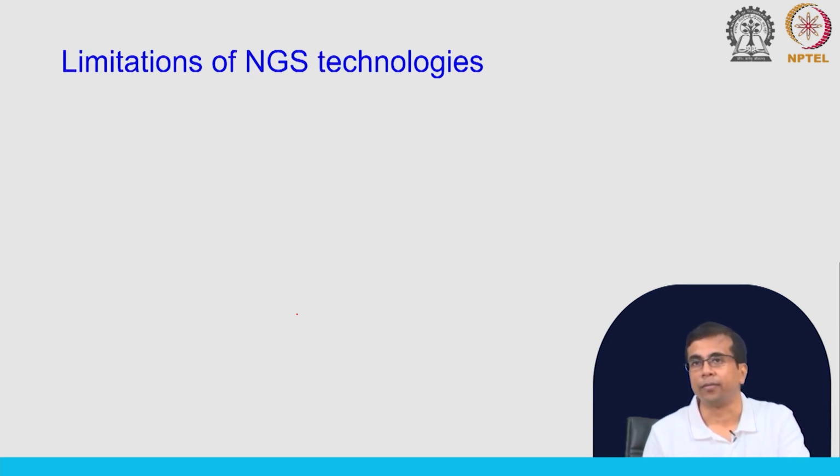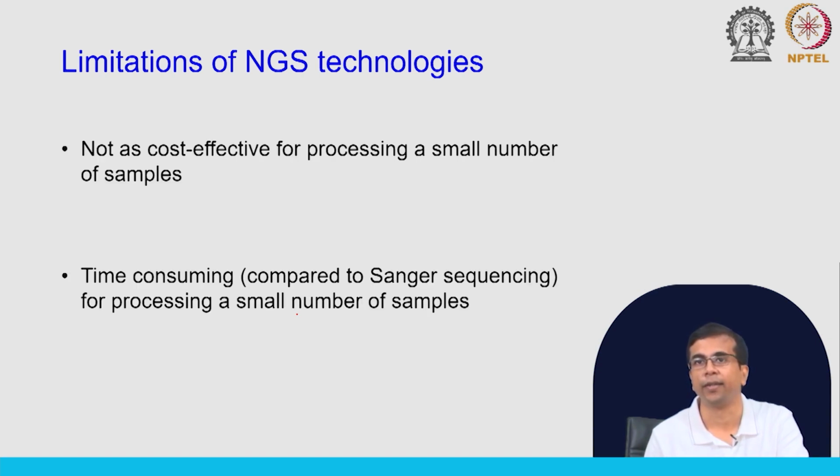So, there are a lot of advantages, a lot of benefits that we have seen from NGS technologies, but there are also some limitations which we can probably address, right. One is that it is not as cost effective for processing a small number of samples. This will probably not be a major problem as the cost of these technologies goes down.